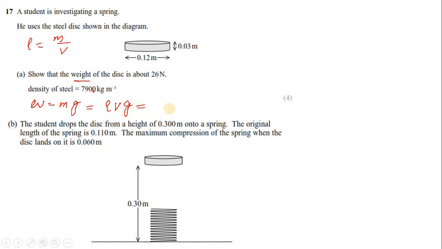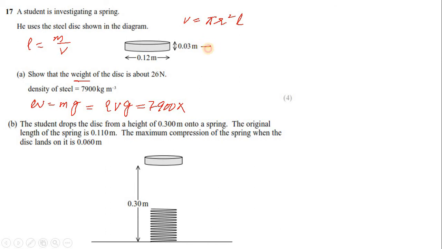So rho is 7900 times the volume, and this disc is the shape of a cylinder. Remember, the volume of a cylinder is pi r squared L, or pi r squared h, where r is the radius and L is the thickness.